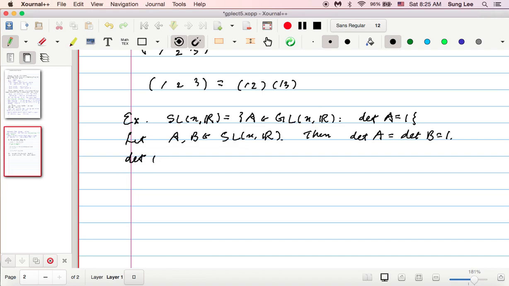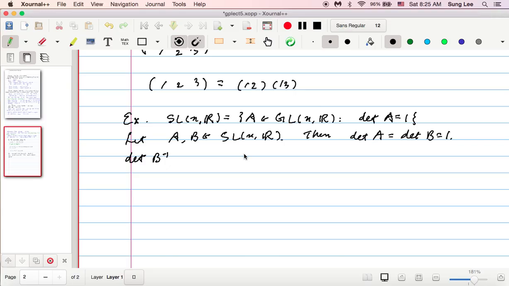In this case, the determinant of B inverse also equals 1. What's the relationship between the determinant of A and the determinant of B inverse? By the way, the general linear group is the set of all non-singular n by n matrices.